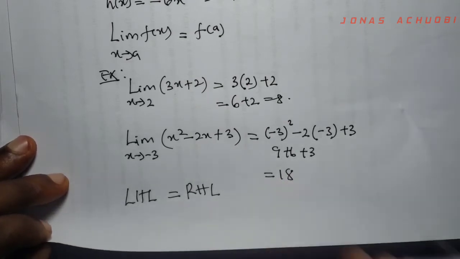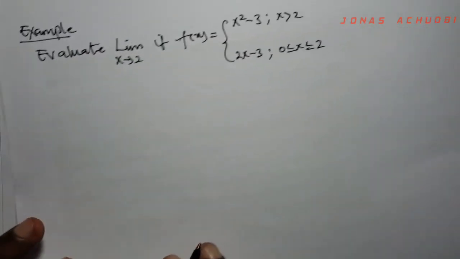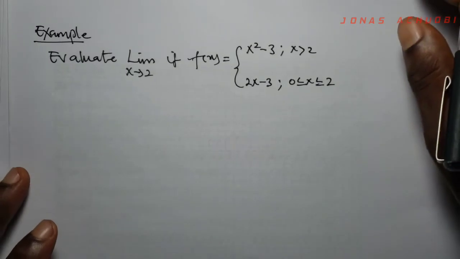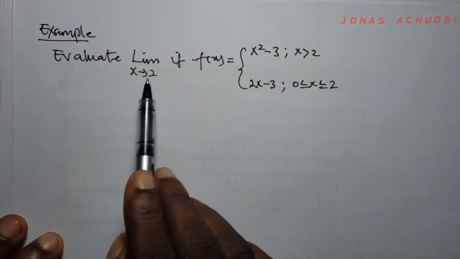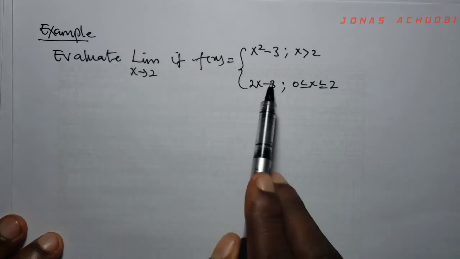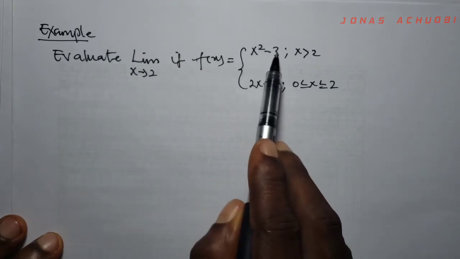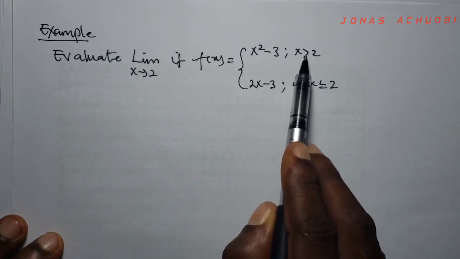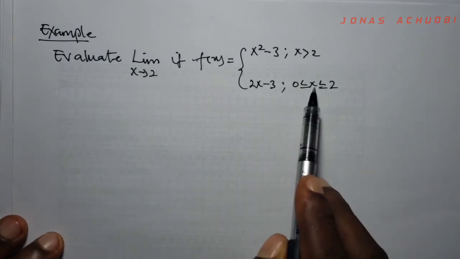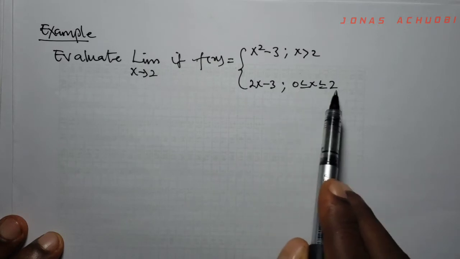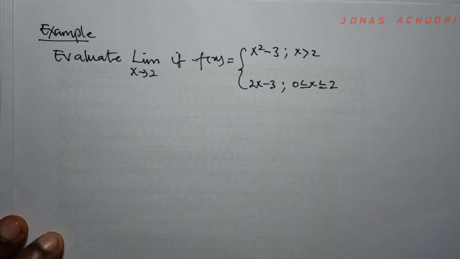So, to illustrate what happens in the piecewise sense, we shall consider the following function. We want to evaluate the limit as x tends to 2 of the function x squared - 3 when x is greater than 2, and 2x - 3 when x lies between 0 and 2.